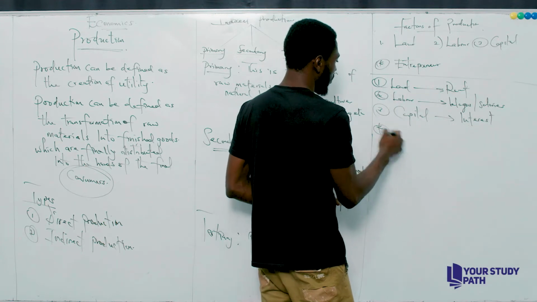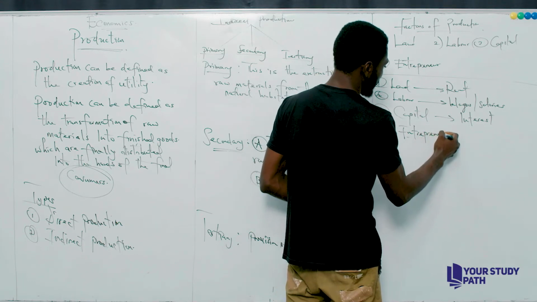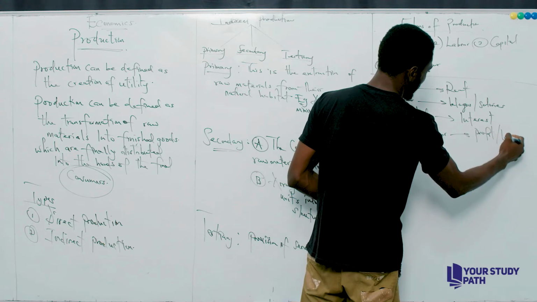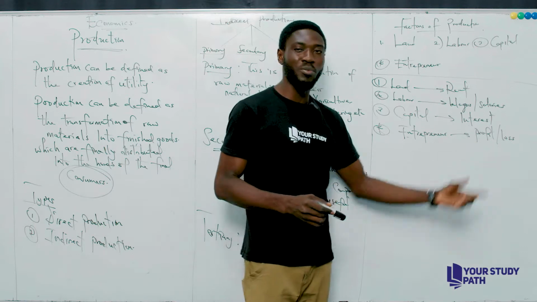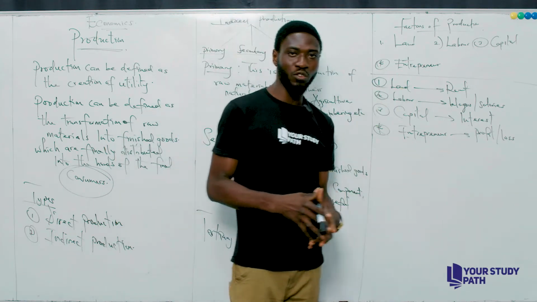Then entrepreneur: profit or loss. So it means if the entrepreneur does not make profits, definitely they are going to be making a loss. Now, these are the four factors of production.